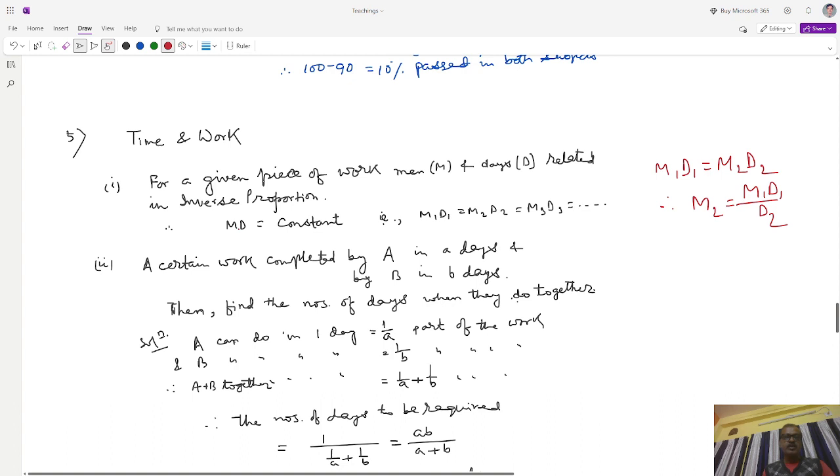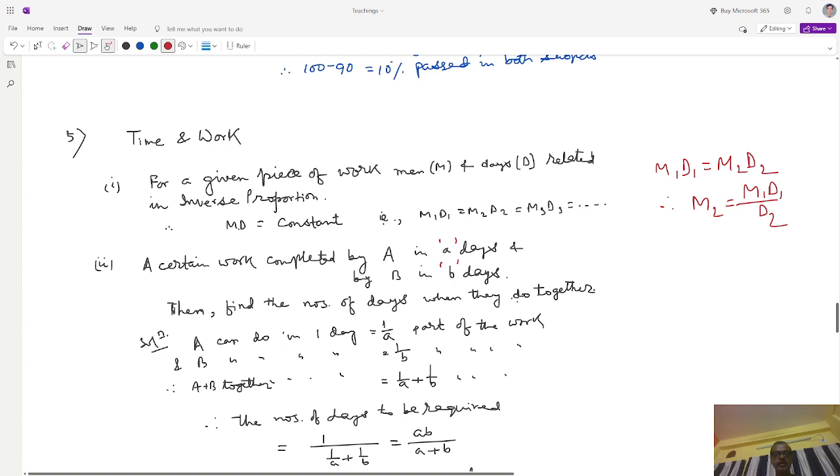Case number 2. A certain work is completed by A in A days and by B in B days. Then find the number of days when they work together. When A and B work together, how many days are required to complete this piece of work?